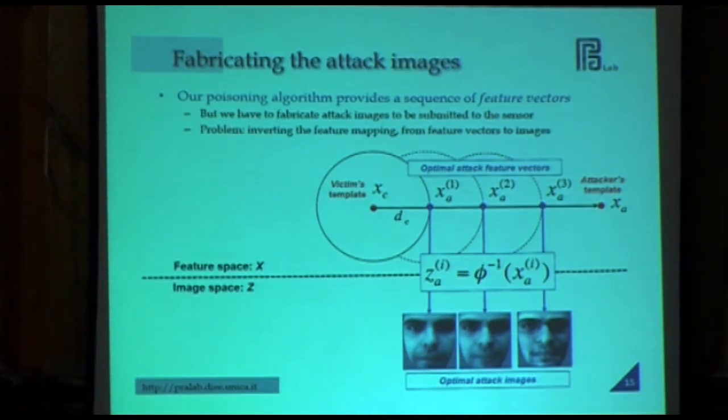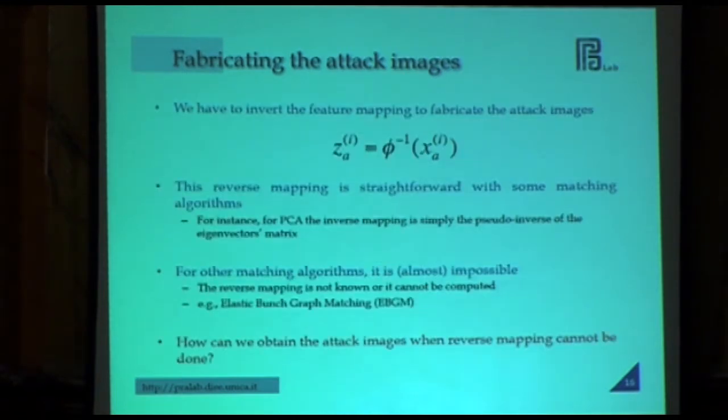This is something that is important. There are some matching algorithms for which this reverse mapping is quite easy. Imagine that you are using a matching algorithm based on principal component. In this case, mapping back from the feature vector to the image is straightforward. You have just to invert the matrix.